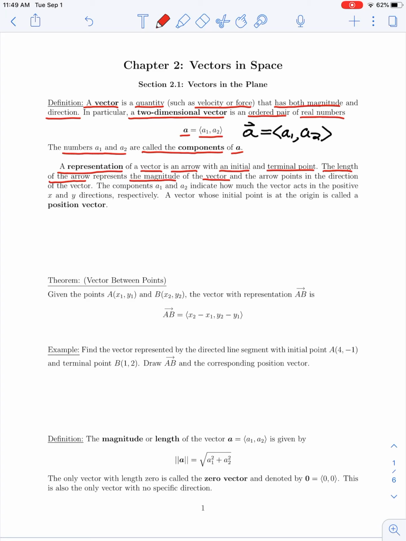Or if we're talking about force, it would represent the magnitude or the strength of our force. That's the length of the arrow. And the arrow will point in the direction of the vector. So the direction that this arrow points will indicate the direction in which our object is moving, if we're talking about velocity, or the direction in which some force is being applied, if we're talking about a force.